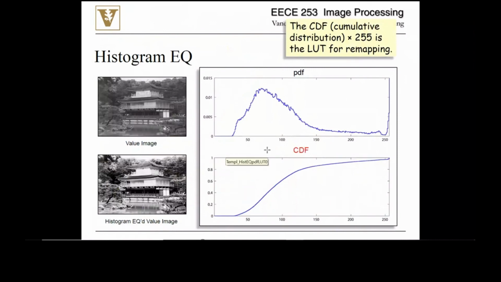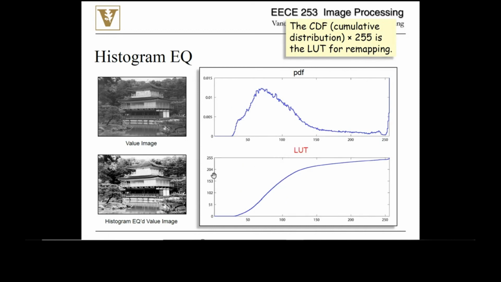Okay, so this is the idea of using the cumulative distribution function as a lookup table, but now step by step. Let's say that we have this image, now we compute the probability density function, and we have here the integral of this one. So this is the cumulative distribution function.